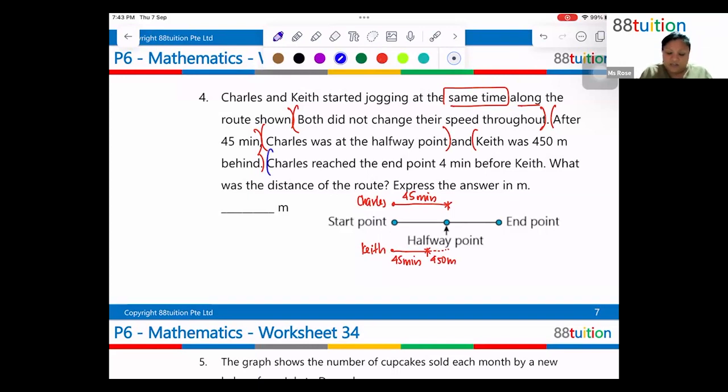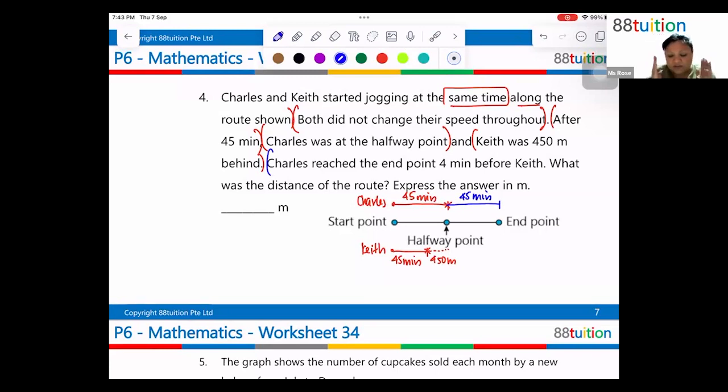Then Charles reached the end point. So if Charles took 45 minutes to cover halfway, he will take another 45 minutes to reach the end point. Remember, both did not change their speed.